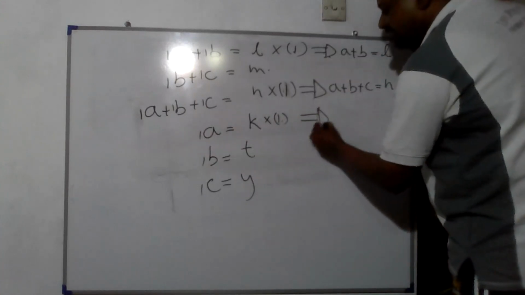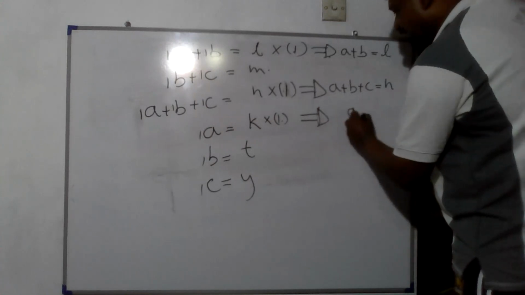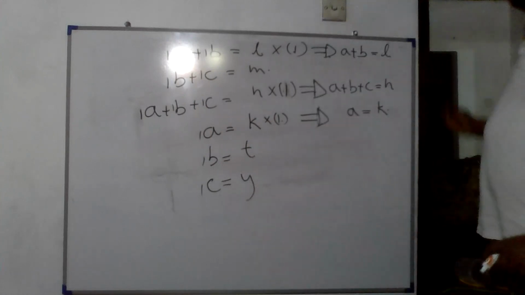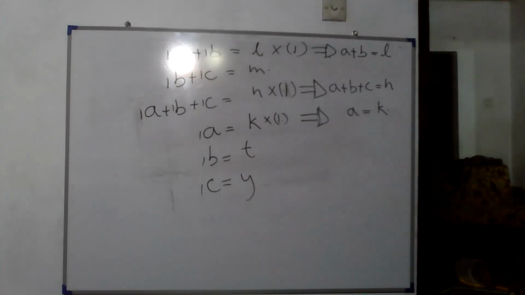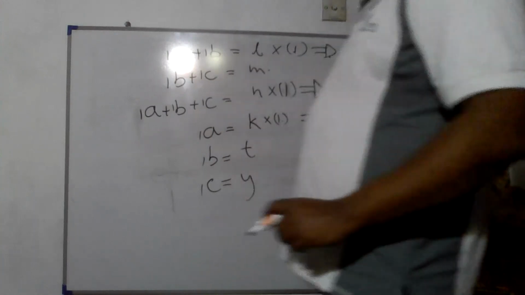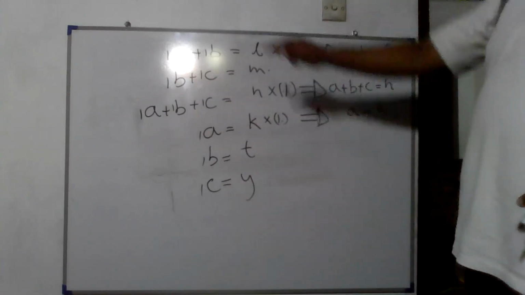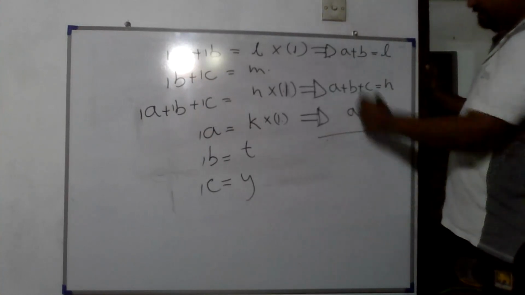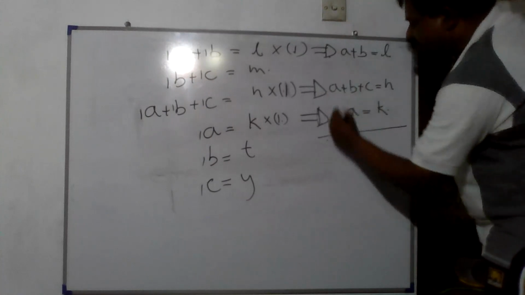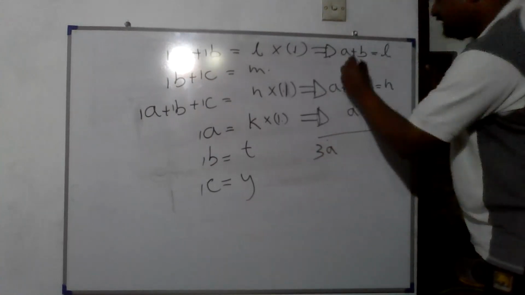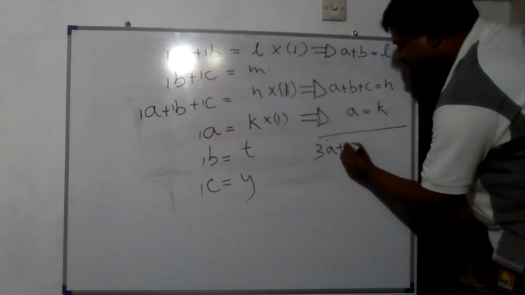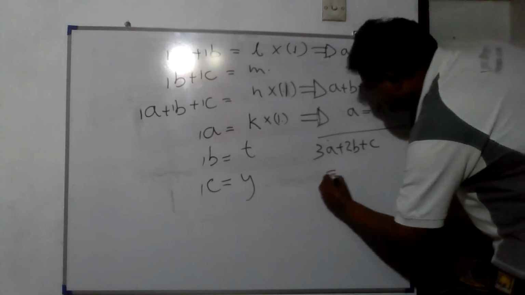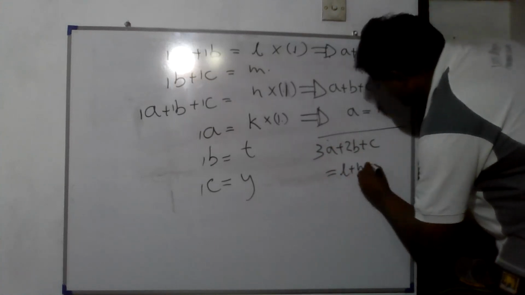So you will get A equals K. These two equations will not become important to normalize these 6 equations for variable A. So what are we going to do? We add all these equations. So we will have 3A, 2B plus C equals L plus N plus K.